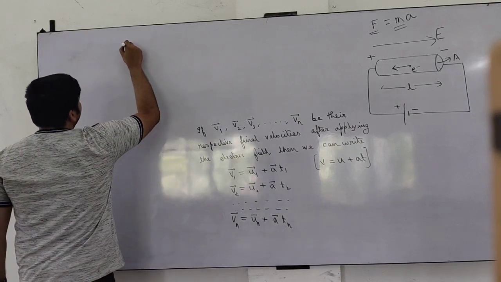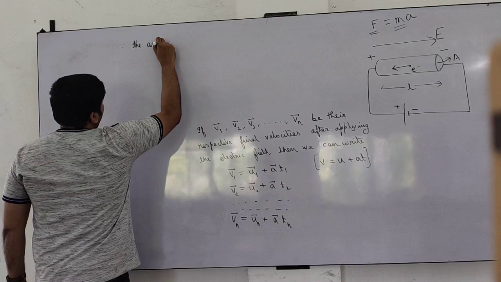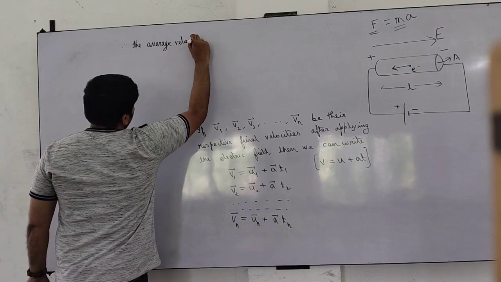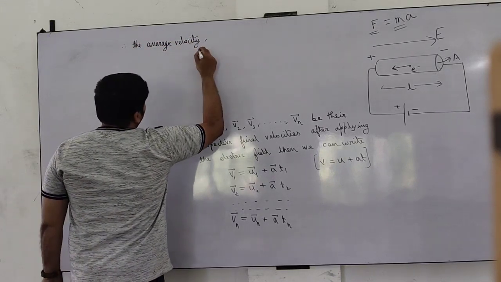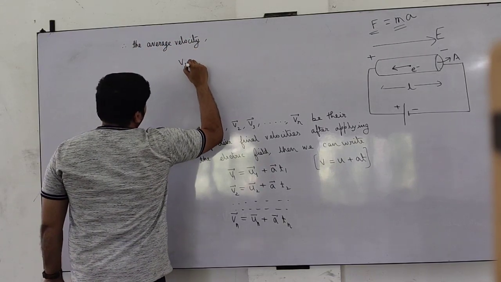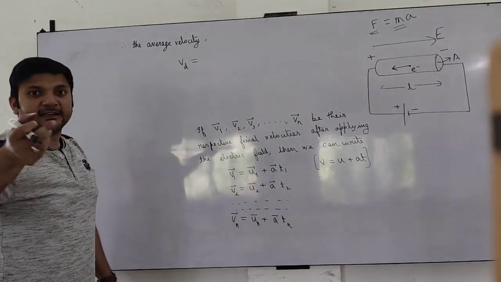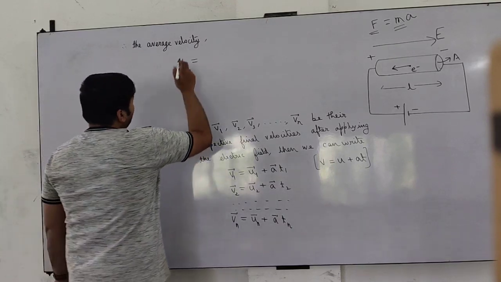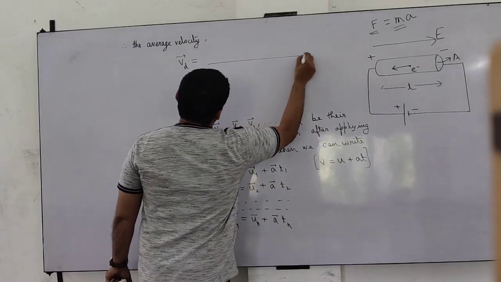Therefore the average velocity. We earlier defined the average velocity as the drift velocity v_d, is it not? So what is the average velocity? v_d is equal to what?